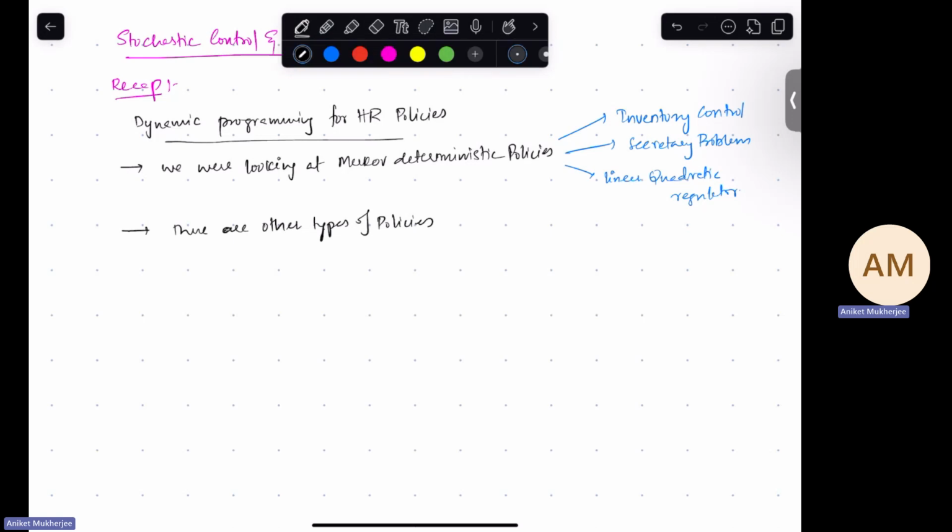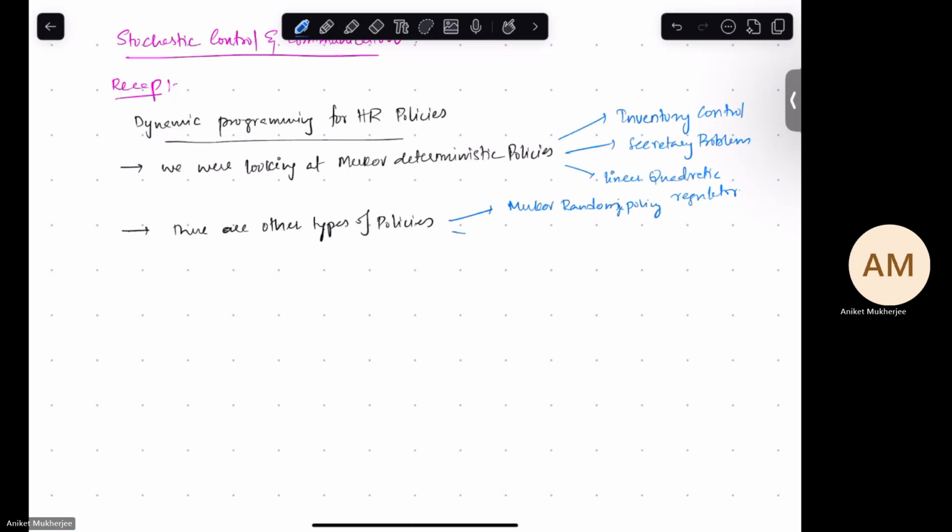The other types of policies that we didn't look into were Markov randomized policies, history dependent deterministic policies, and history dependent randomized policies, right?